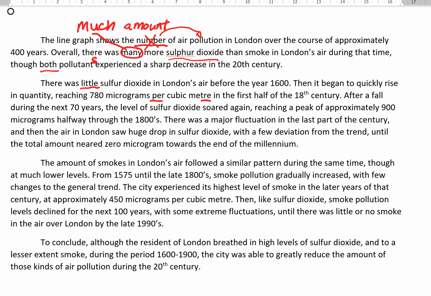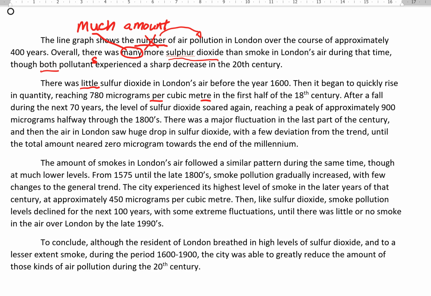In the first half of the 18th century. Fine. After a fall, during the next 70 years, the level of sulfur dioxide soared again. By the way, level could be both singular and plural. Some people like to use plural, the levels of sulfur dioxide, but level is fine as well.